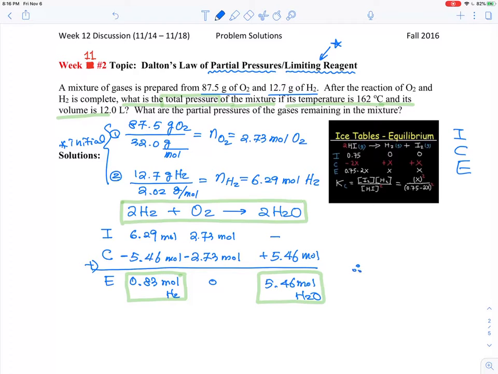Therefore, for the ideal gas, the total number of moles, let's just say N, is N(H2) plus N(H2O).